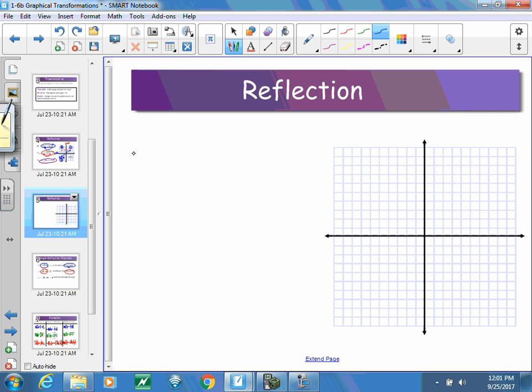Let's take the function h of x is equal to negative x squared, okay?